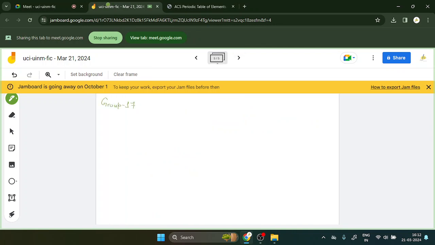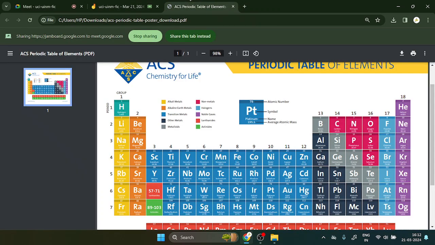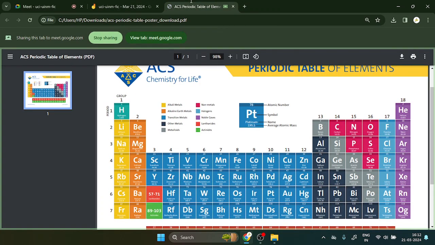Then we have group 17. It is also called the halogen group. Halogen group means fluorine, chlorine, bromine, iodine.